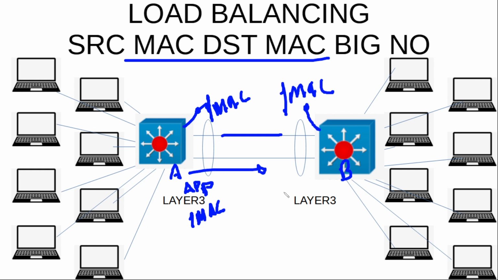We only have one MAC address on each side because we are using layer 3 interfaces that have an IP address and only one MAC address. So this doesn't make sense. We will end up having 100% versus 0% load balancing. So we don't want that.